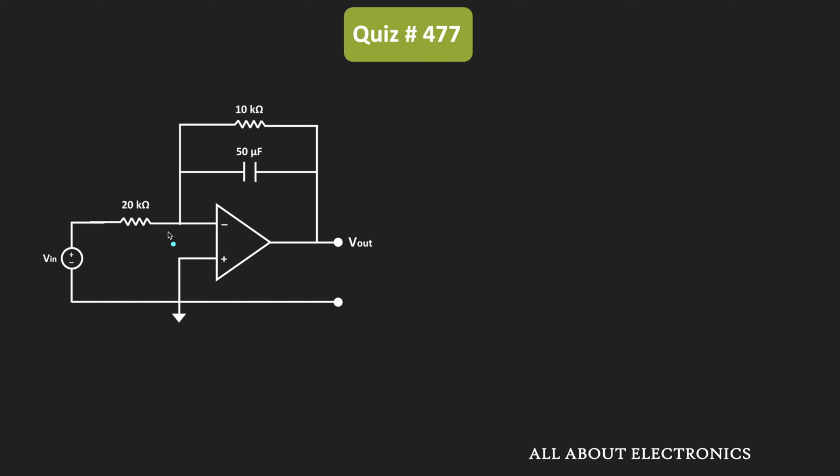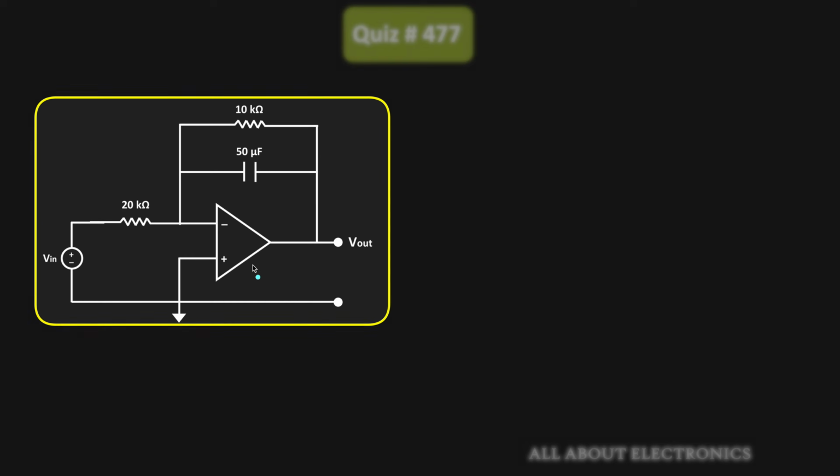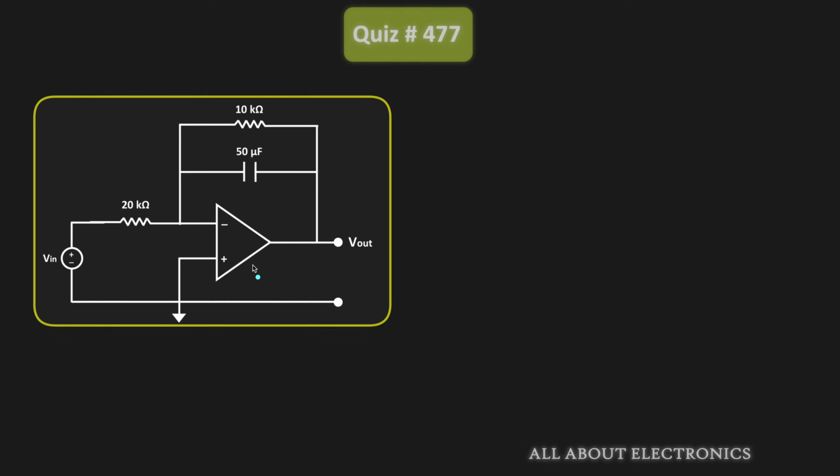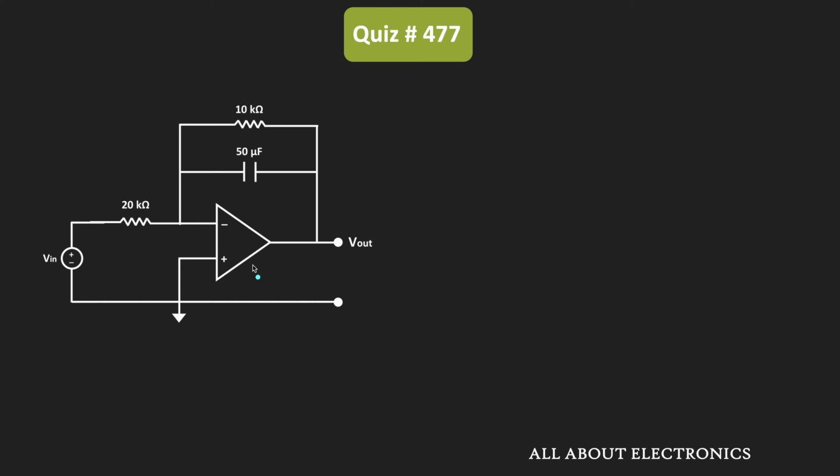So first of all, let us find the equivalent S-domain circuit for the given circuit. Now here, the op-amp is used with negative feedback. That means the op-amp is used in the linear region, and since it is used in the linear region, there will be a linear relationship between the output and the input.